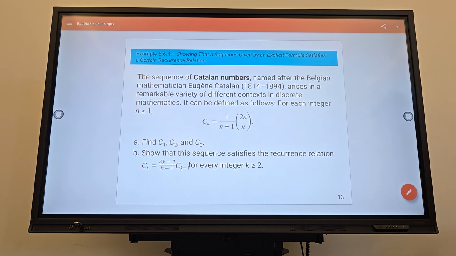C sub n equals 1 over n plus 1 times 2n choose n. Show that the sequence satisfies the recurrence relation C sub k equals (4k minus 2) over (k plus 1) times C sub k minus 1 for every integer k greater than or equal to 2.